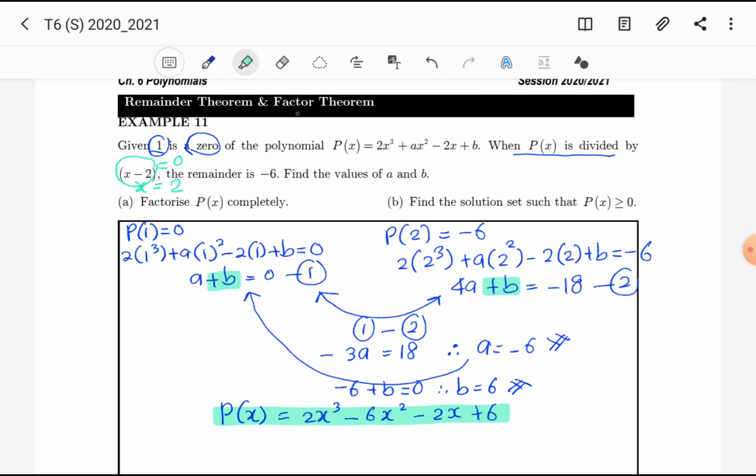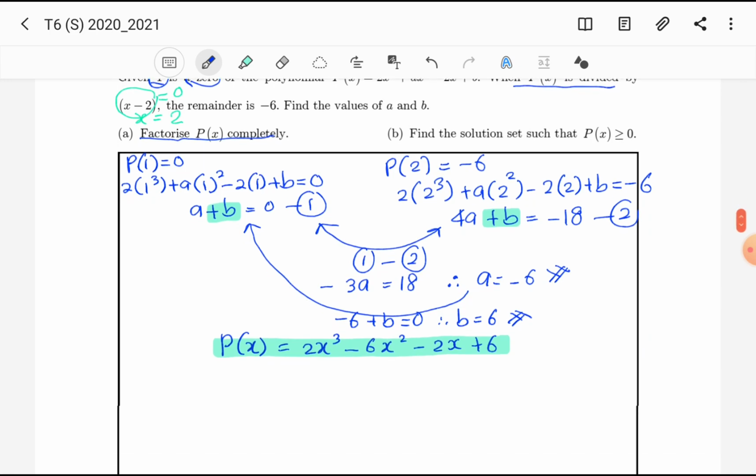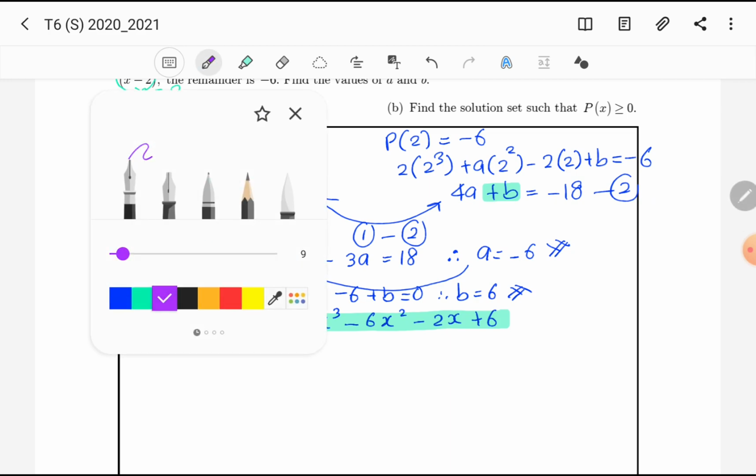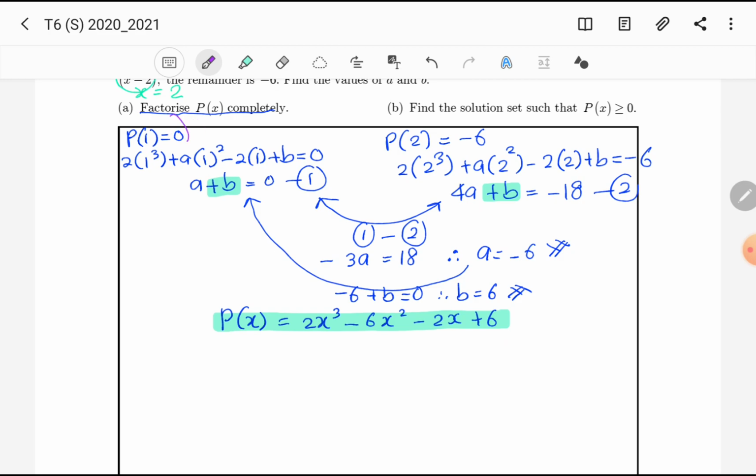Okay, next. Factorize completely. Factorize completely. If you notice here, your Px adalah cubic function, kuasa 3. Sepatutnya ada 3 factors. Tapi, kita hanya ada 1 factors je sekarang. Mana yang factor dia? Okay, awak tengok kat sini. Nampak tak tadi?